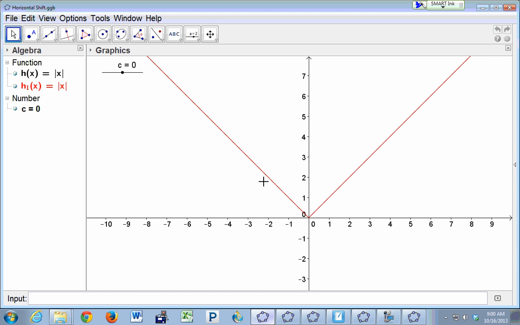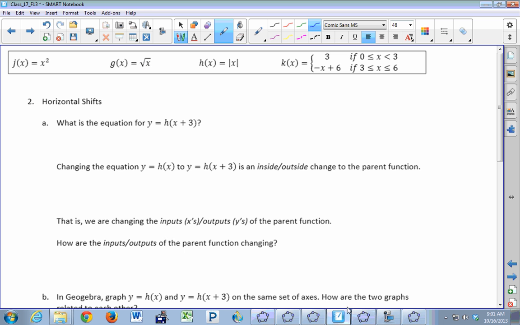So let's see what happens now when I go inside the absolute value function and mess around with x. So now I'm not going to perform the function and then add or subtract something to it. I'm going to go inside and mess around with the input first. So let's mess around with the input and see what happens.